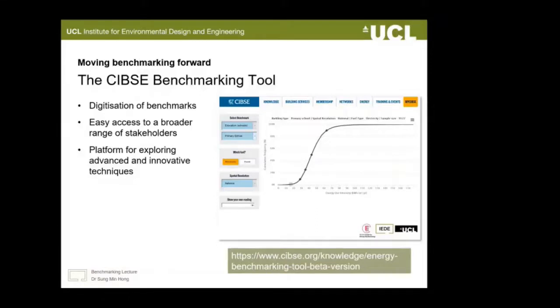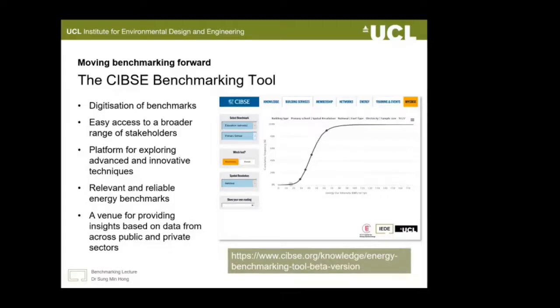By digitizing the benchmarking process, we are also hoping to start exploring advanced methods for providing more contextualized benchmarks, as I mentioned before. Being digital also means we will be able to update the benchmarks as and when we have the data, rather than waiting for a 4 or 5 year cycle to update all the benchmarks in one go and then print them out as a single document.